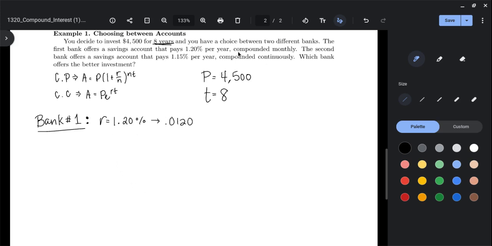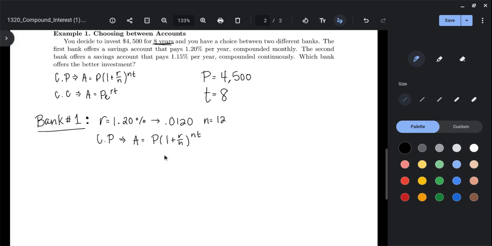And then we're also told that it's compounded monthly. So in this case, we're going to use the compounded periodically formula. So I'll write that down. And since it's compounded monthly, that tells me that my n is going to equal 12.